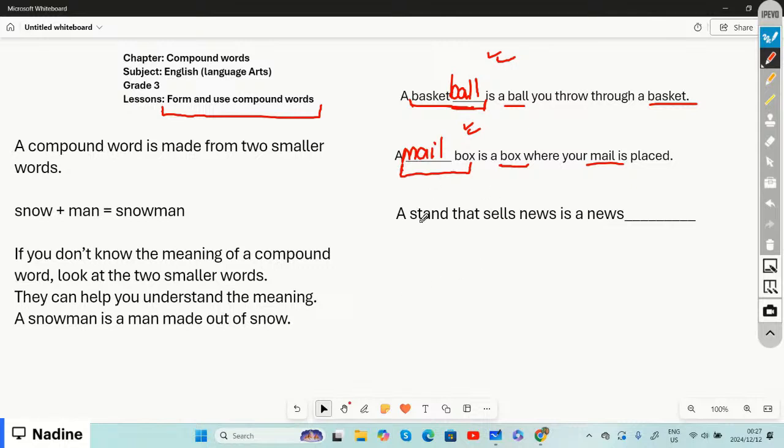The next one says a stand that sells news is a what? A news what?